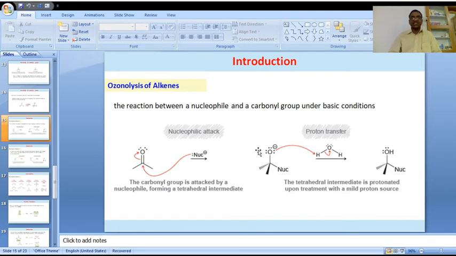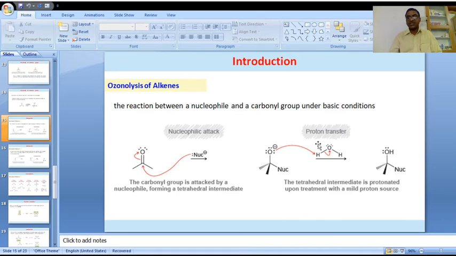abstracts a hydrogen atom from a water molecule. This type of reaction is a proton transfer reaction, where the proton is abstracted from the water molecule.